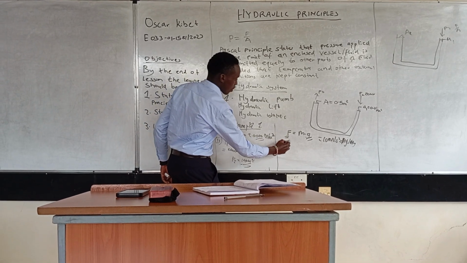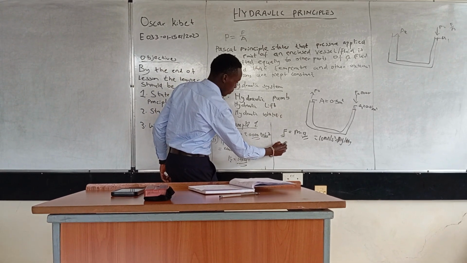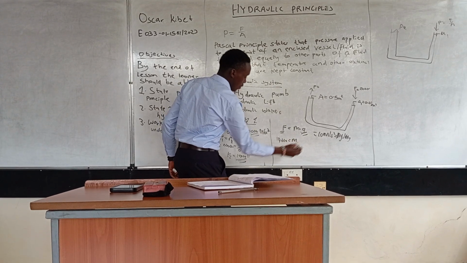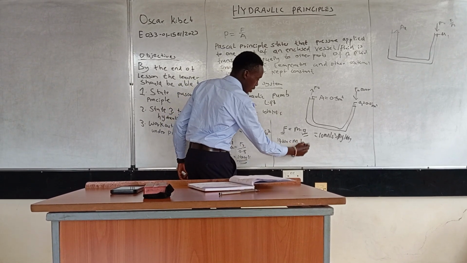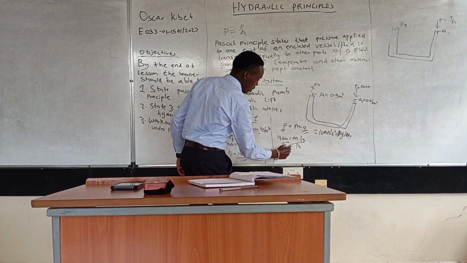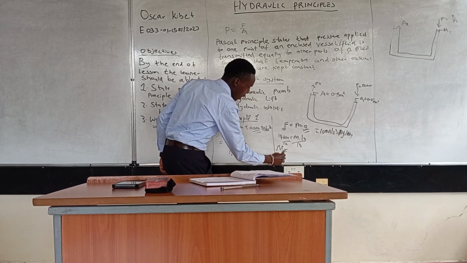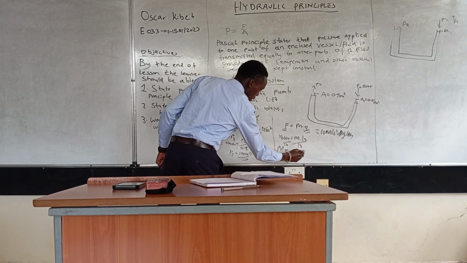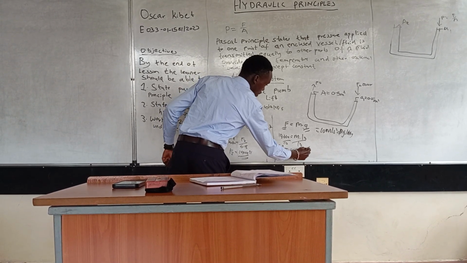So force, you have written to be 10,000, equals the mass you are going to find times the pull, which is 10. So we divide by 10, divide by 10. We are going to get the maximum mass as 1,000 kilograms.